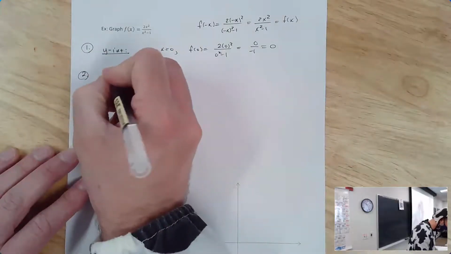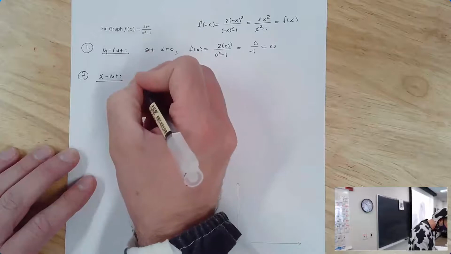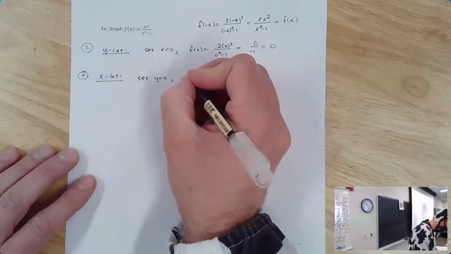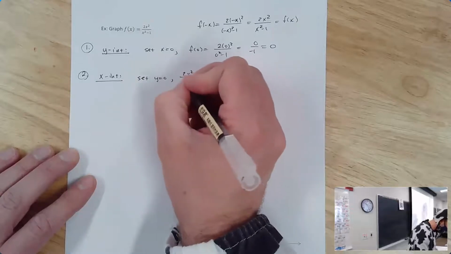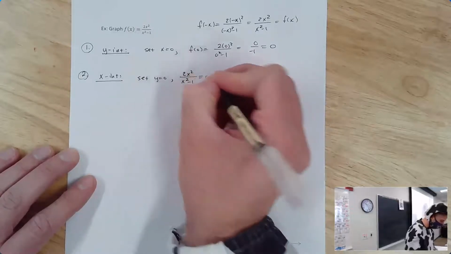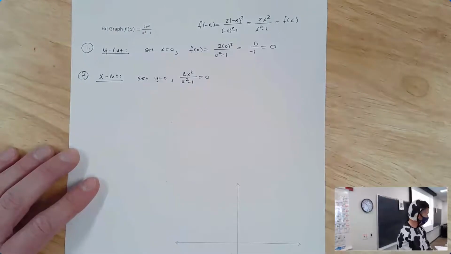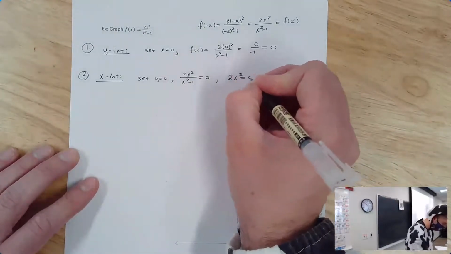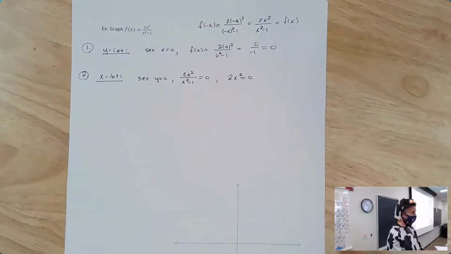X-intercepts. You can set the whole thing equal to 0. But we saw before that setting the whole thing equal to 0 just becomes setting the top equal to 0. And hopefully you guys can see we're going to get x equal to 0.